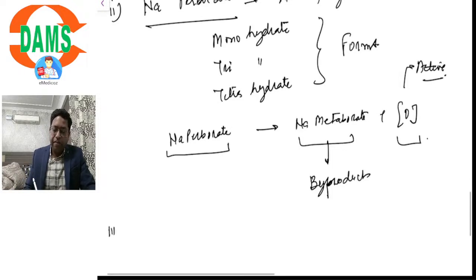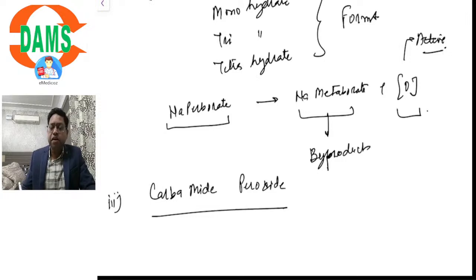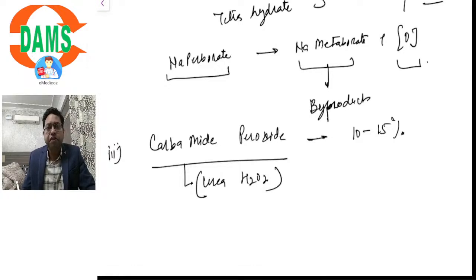The third chemical that can be used is carbamide peroxide. Carbamide peroxide is usually used in the concentration of 10 to 15%, and it is also called urea hydrogen peroxide.